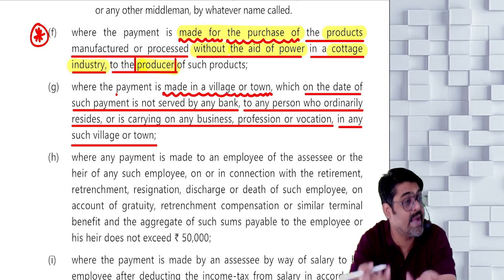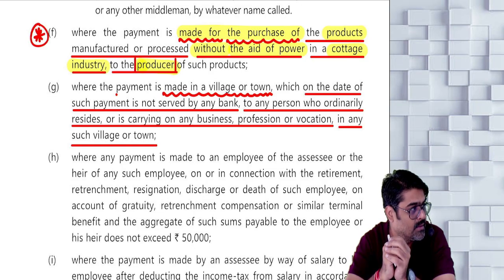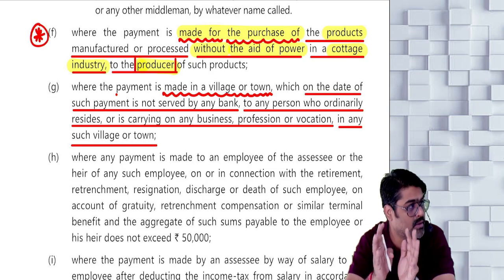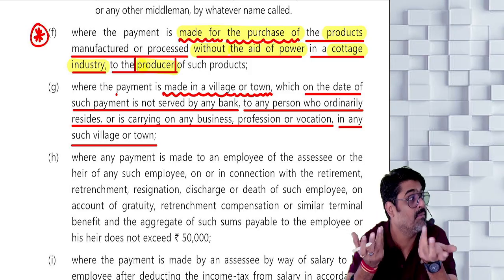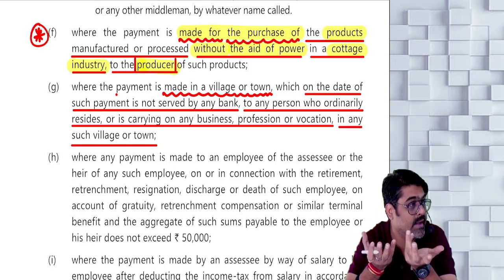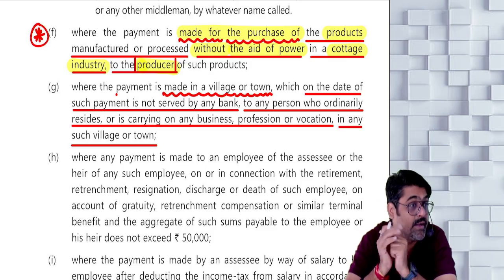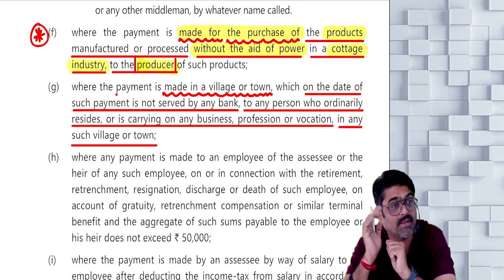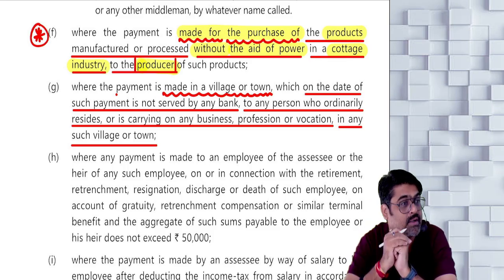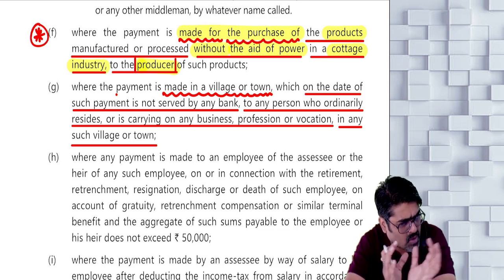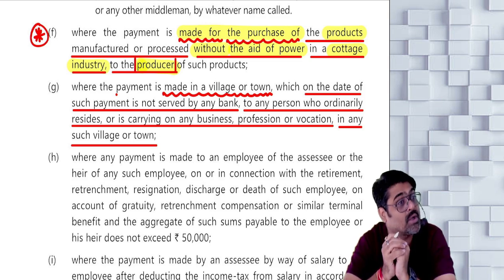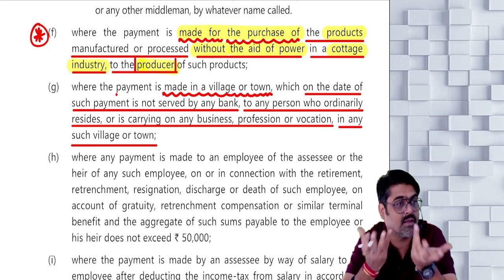And on the date on which you are making the payment, that village or that town does not have any banking facility. There are many remote villages in India where you will not see any bank. If you go to Himachal Pradesh, Nagaland, Sikkim, there are many such places in India.